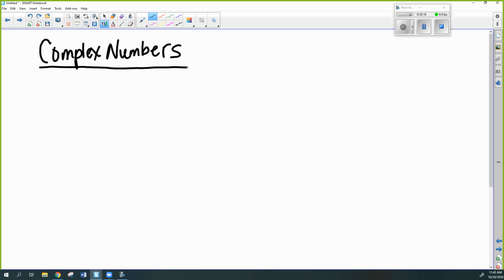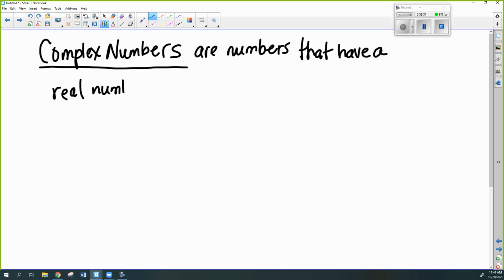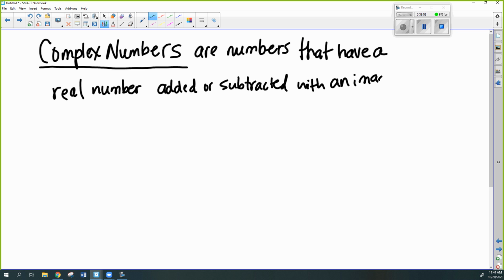So complex numbers are numbers that have a real number added or subtracted with an imaginary number.